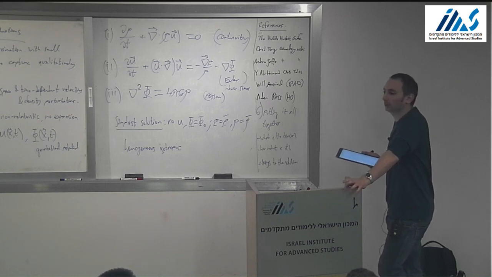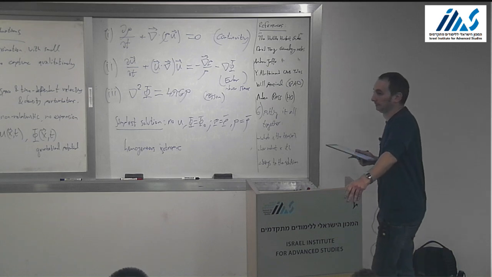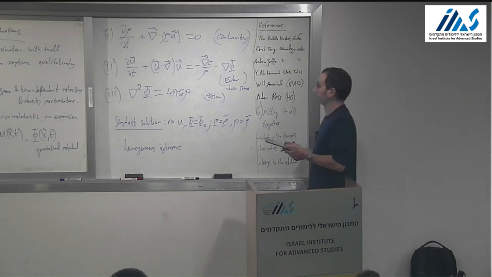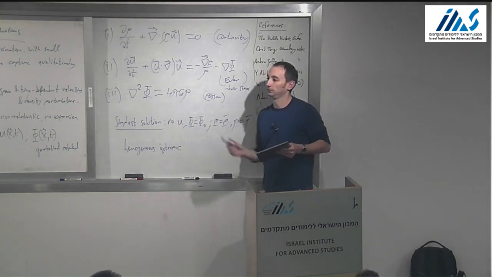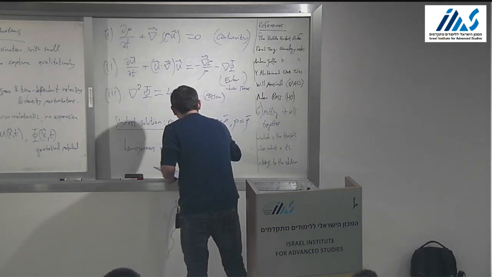I'm stopping because there's a problem that I'm waiting for you to identify. Is this consistent with the equations that I just wrote? Look at this equation. So this is not consistent.